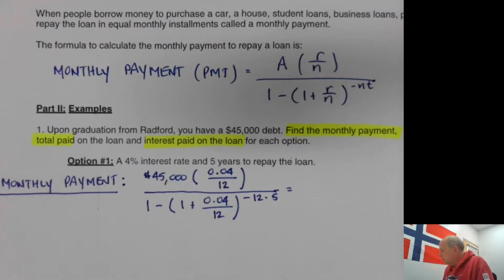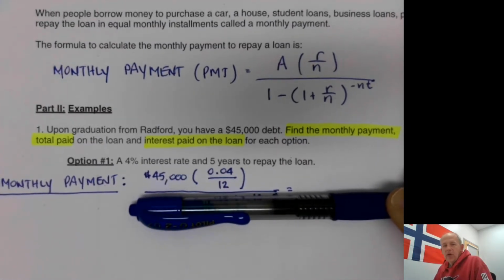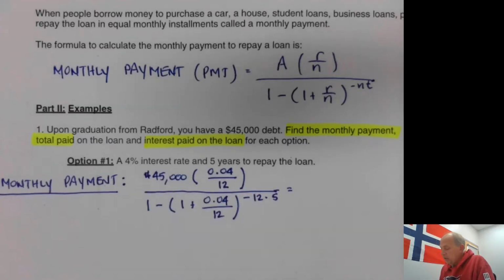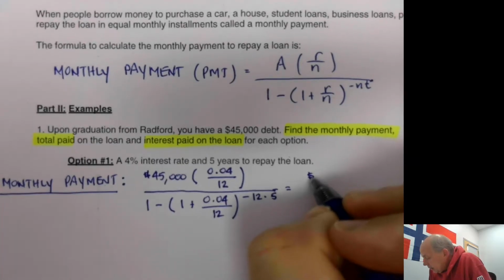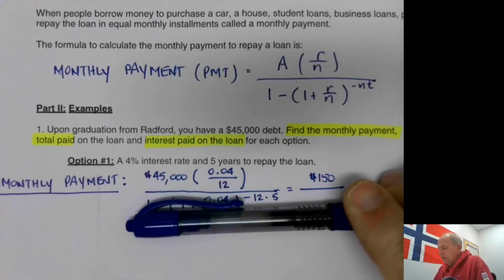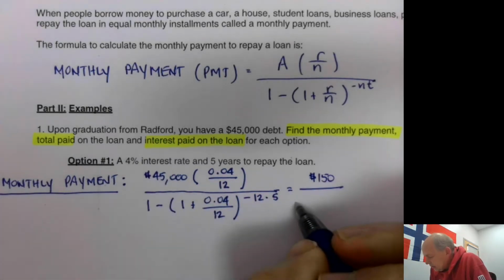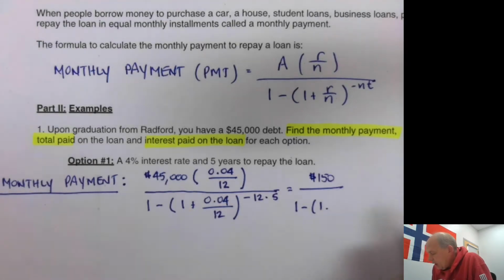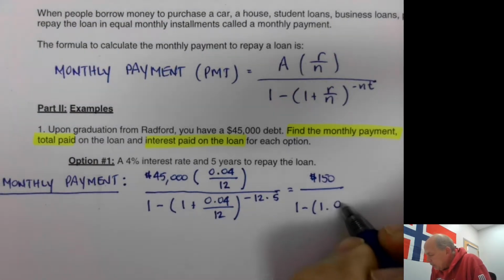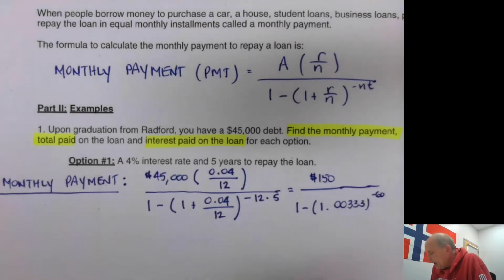Now we have all of these numbers, and the way I like to go through this is I like to just ignore everything in that denominator and just work within the numerator first. When I multiply these two numbers together, I get 150, 45,000 times 0.04 over 12, and then working downstairs in the denominator, I have 1 minus 0.00333 raised to the negative 60 power.